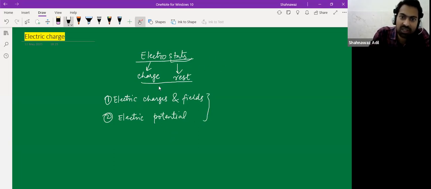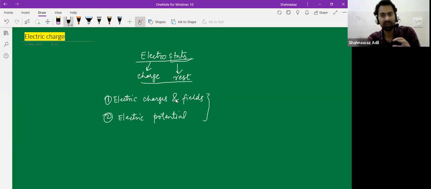And then when the charges are moving, you will have some current, right? And then that current will have some magnetic field. So all the other properties you will study in electric current, right?